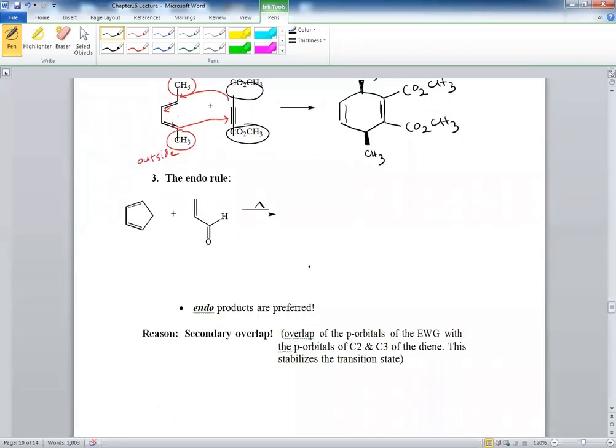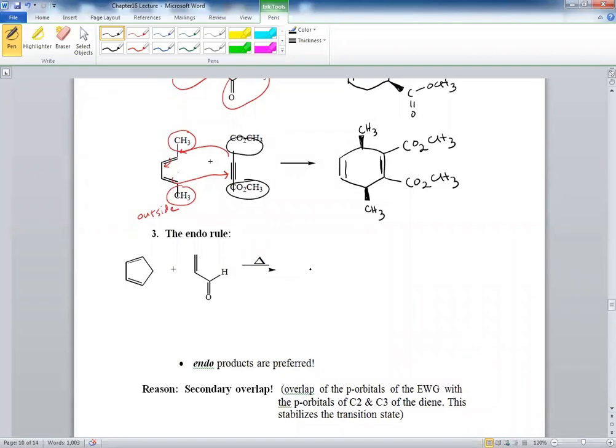The endo rule. We're going to take a look at this important rule. It's going to apply in the following examples. So if we were to go ahead and react these two, the diene and the dienophile, again, attack is there, and that's there.